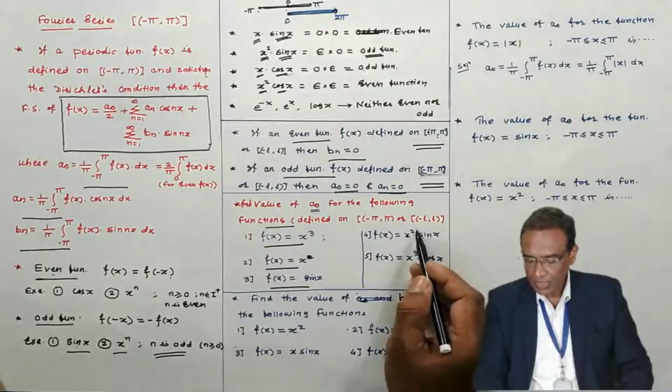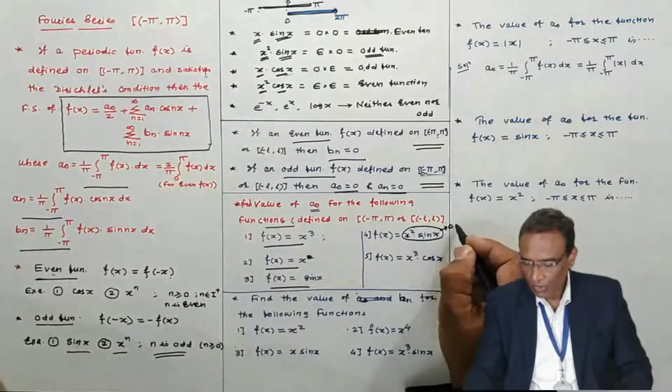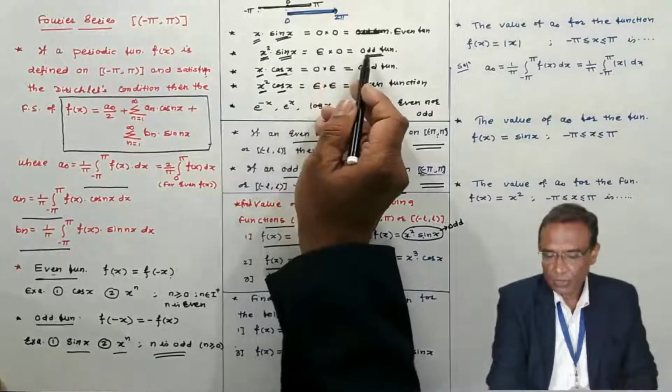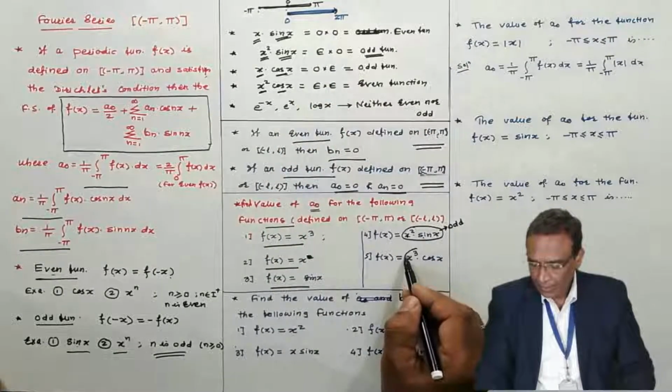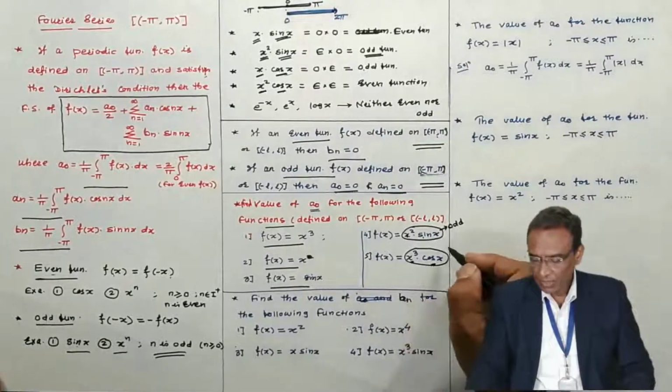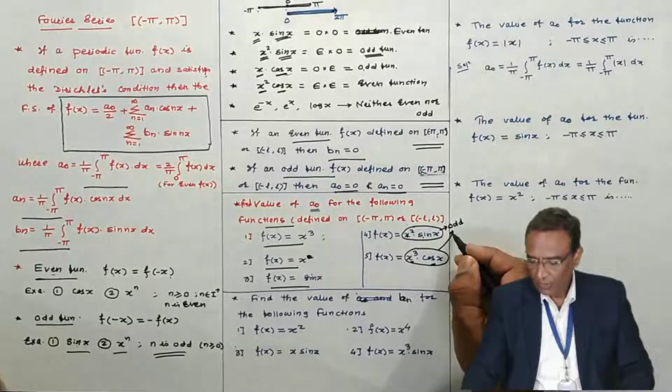Even into odd, this complete function is an odd function. See, even function into odd function is an odd function. Here, this is odd, this is even, therefore this is again an odd function.